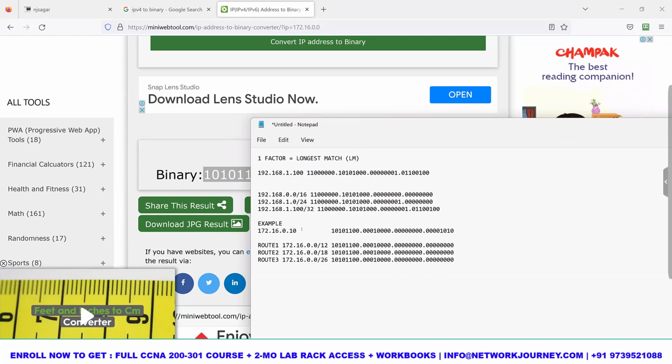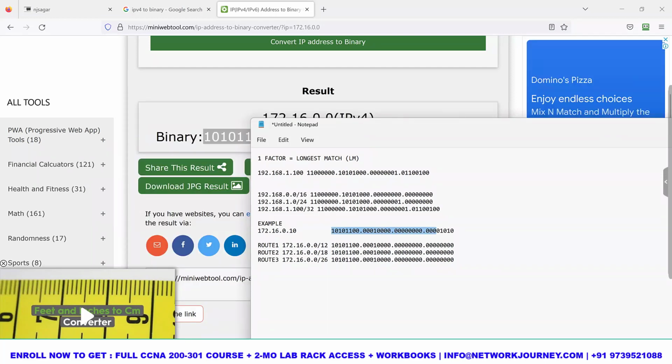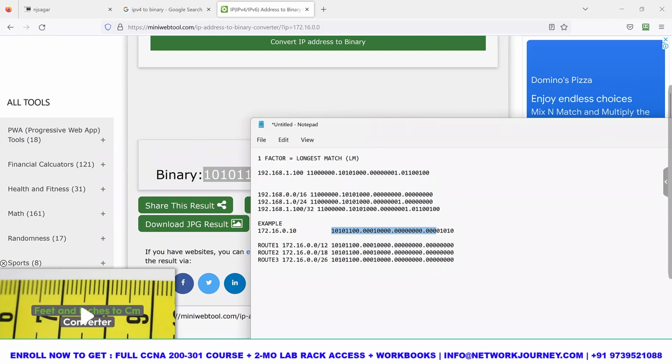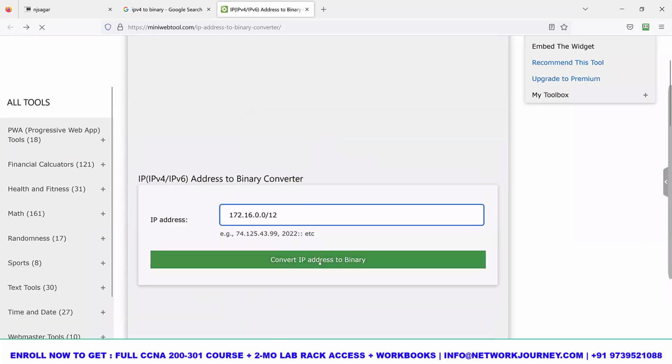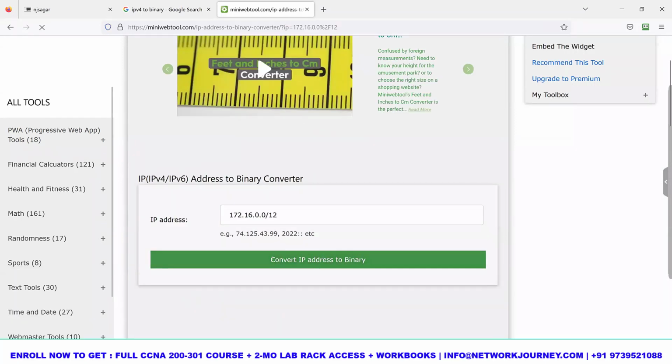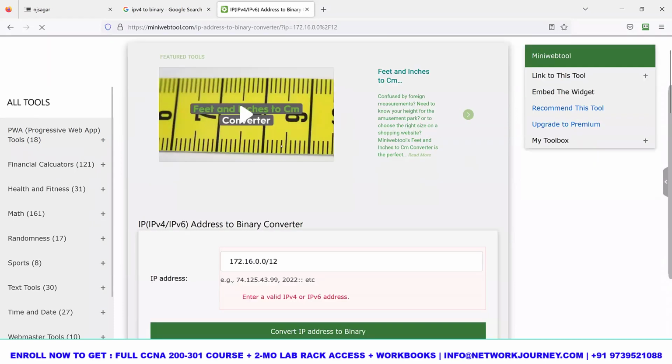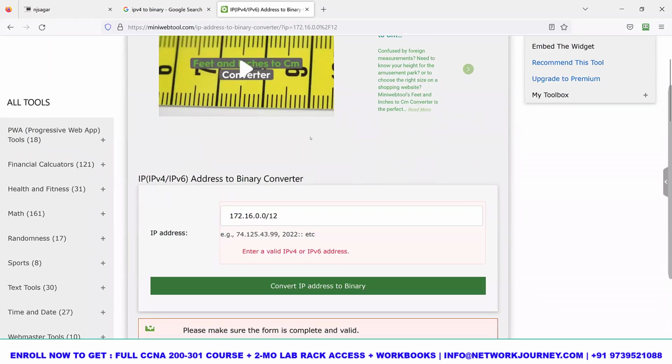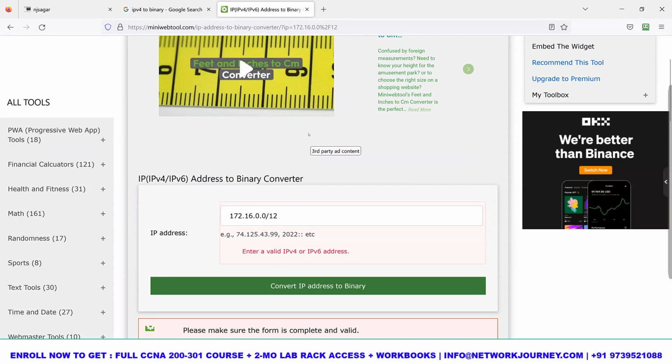Now let's compare this with the 3 of them. One thing I did: these are in a network mask, so I will take the complete conversion. Okay, I'll better take some IP changes.